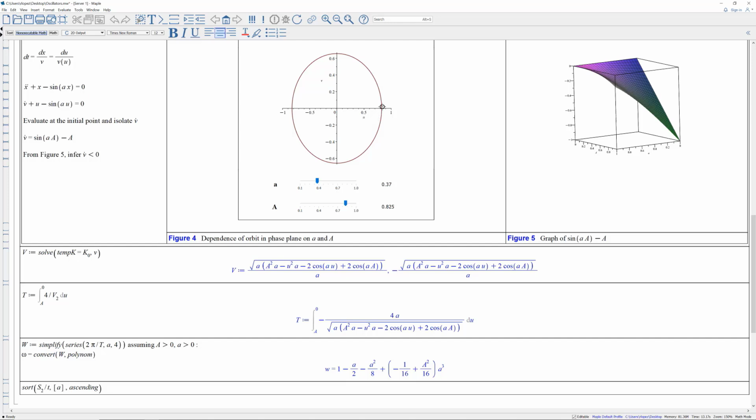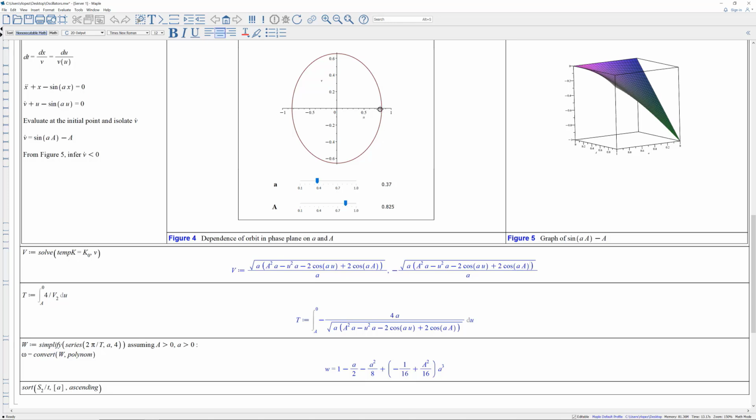Now, I would like to know how long it takes to make one orbit. Okay? It's one period, one orbit. So I'm going to integrate on this piece and multiply by 4. So there's the multiply by 4. There's the integral.